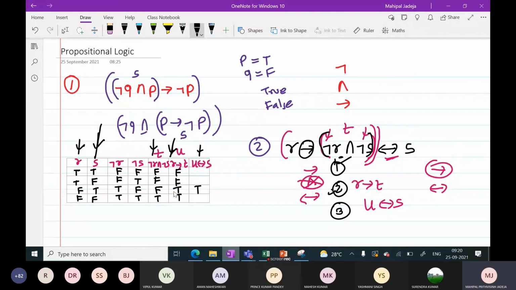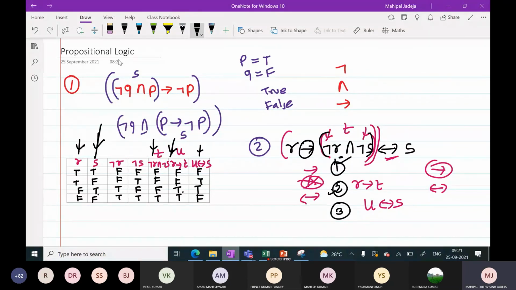So I am writing down true here because of this true and this true. Here we will write down true because both are false, S is false and U is also false. And the last one, FT, so we'll write down F here. Our truth table is done.